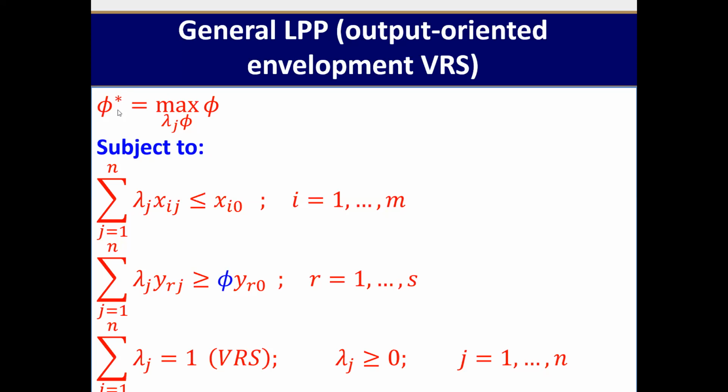We all know that if it's input, it would have been theta. So this is the phi for outputs. The objective function is to maximize the technical efficiency here, subject to certain constraints.